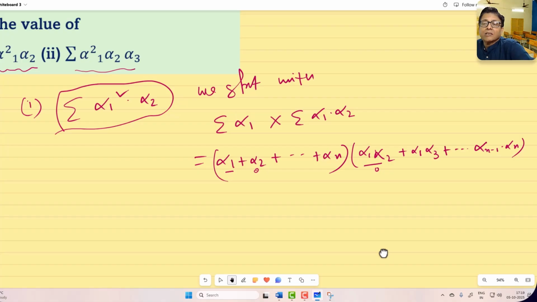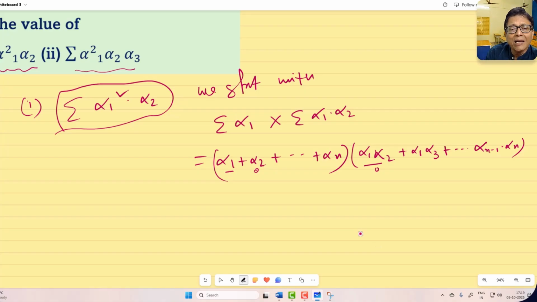In addition, you'll find alpha 1, alpha 2, alpha 3, alpha 2, alpha 1, alpha 3. I mean, things are going to be repeated. But how many?